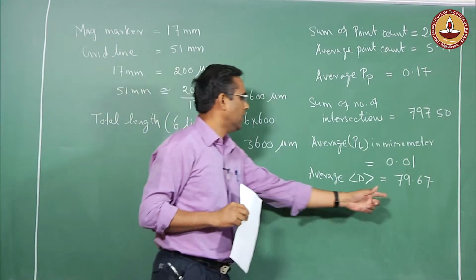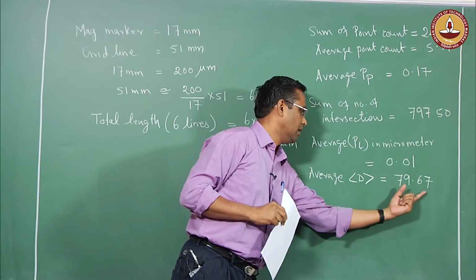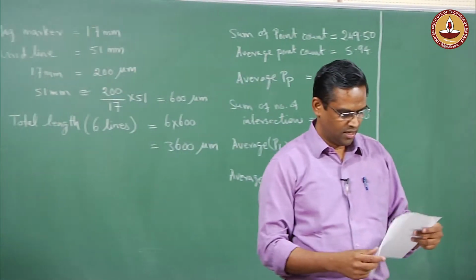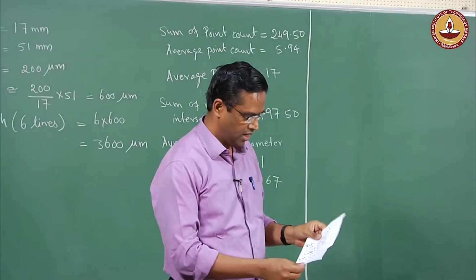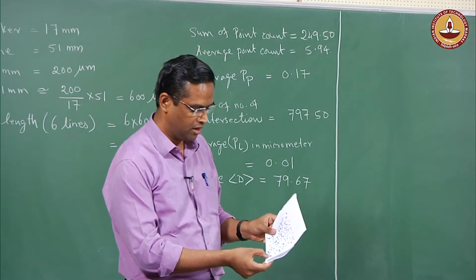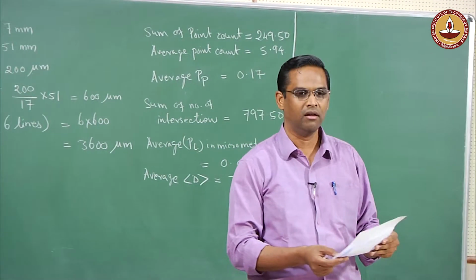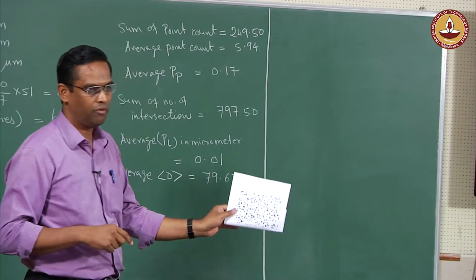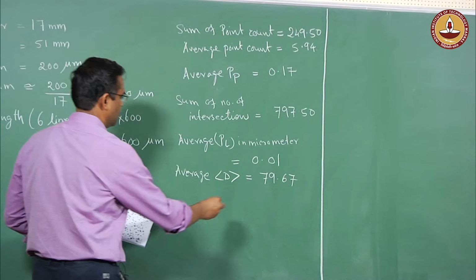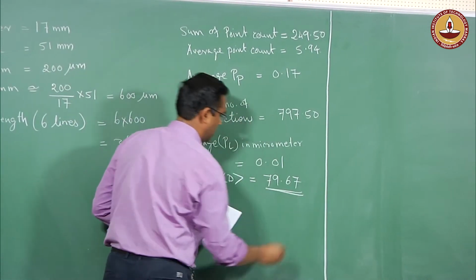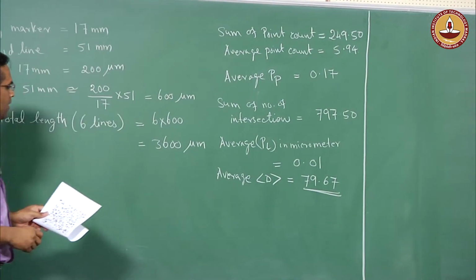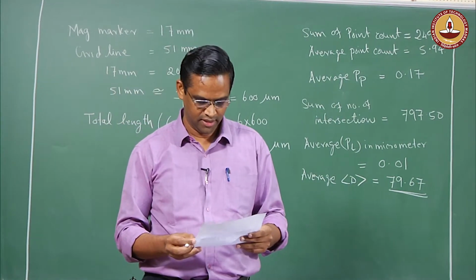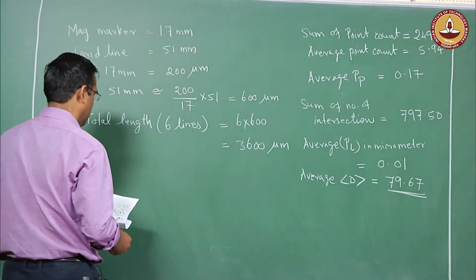But what you can learn from this number is, now you look at this image and look at this micron marker, it is about 200 micron. The average size, whether it falls within this range, is what you have to just look at visibly, and if you do it, I think it falls good, right? It is about 80 micron.